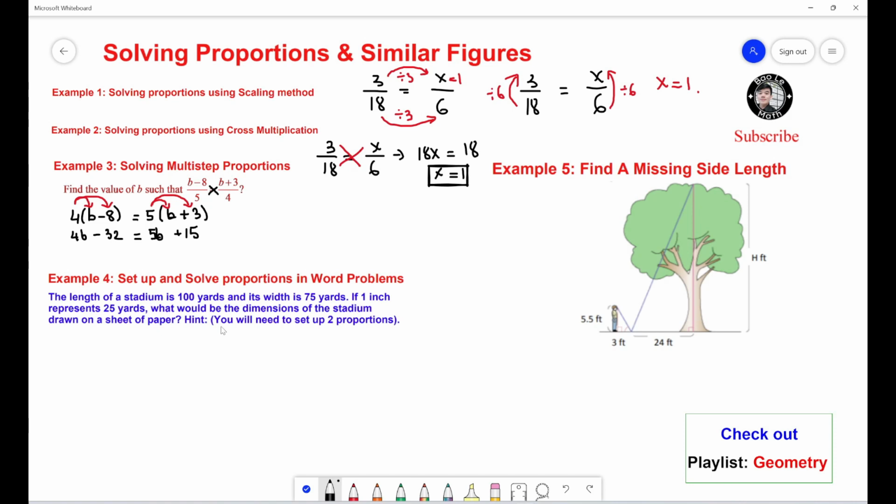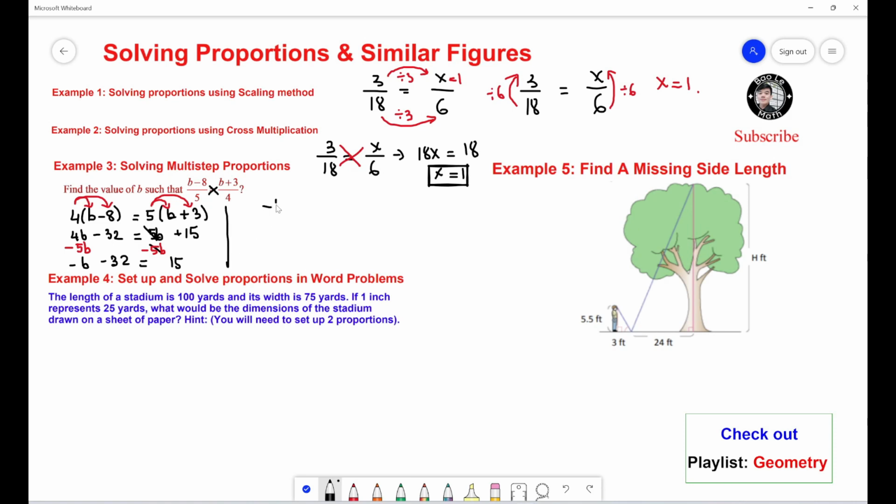Alright, now this is a multi-step equation. You subtract 5b from both sides. So 4b minus 5b is negative b minus 32 equals, this and this cancel out, this guy should be 15.